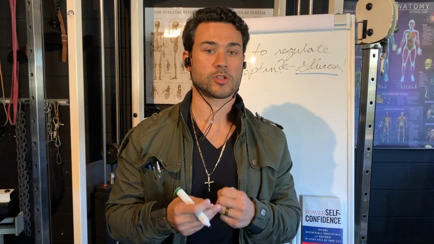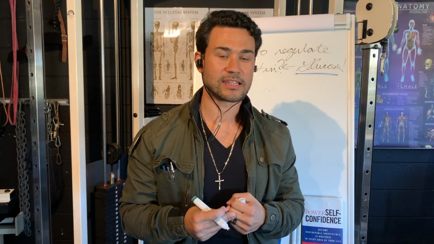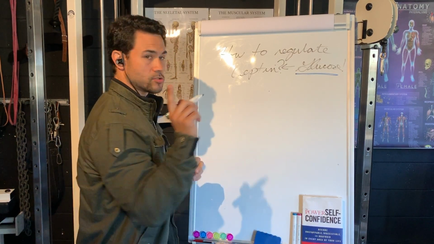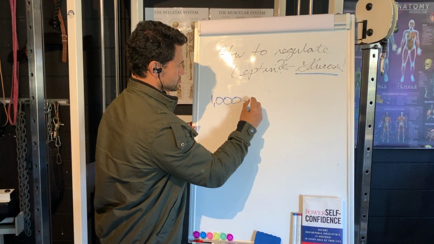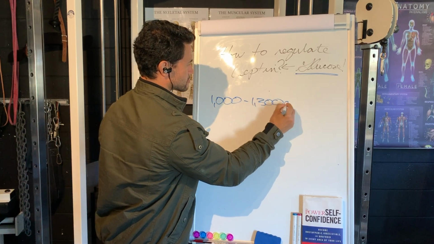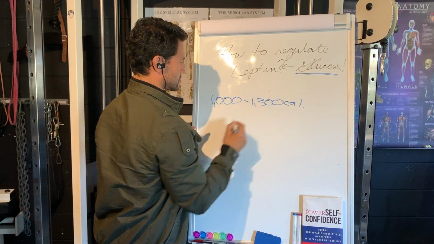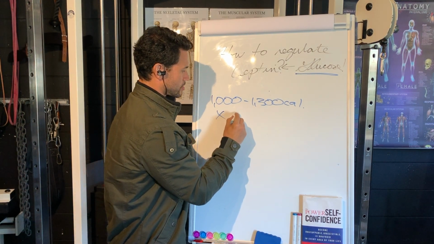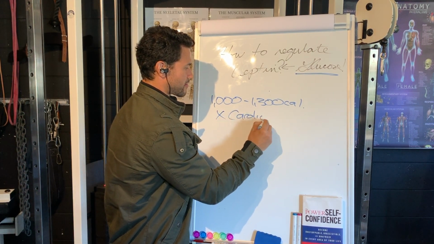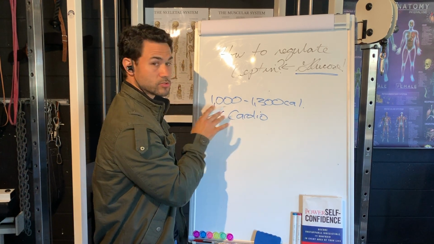So in a practical application setting, if you are somebody who is metabolically adapted already, and you're eating between 1,000 and 1,300 calories per day, doing X amount of cardio, I have no idea because this is so variable, and I don't want to dig too deep into that.